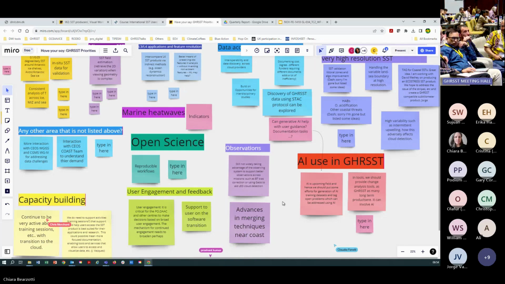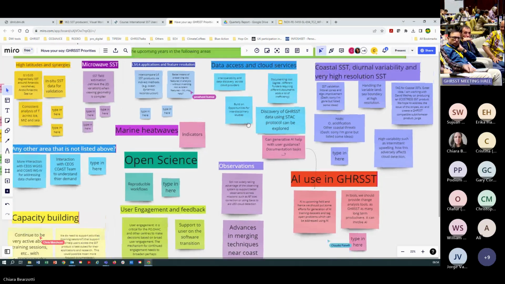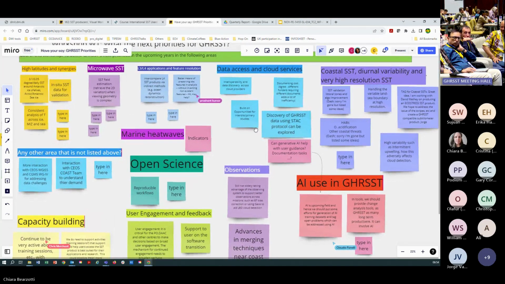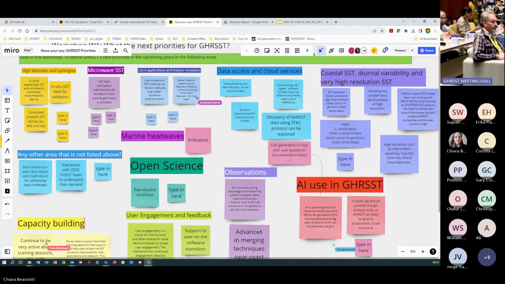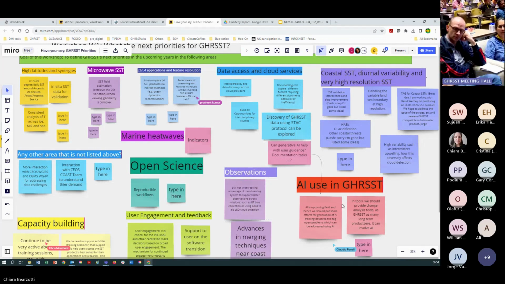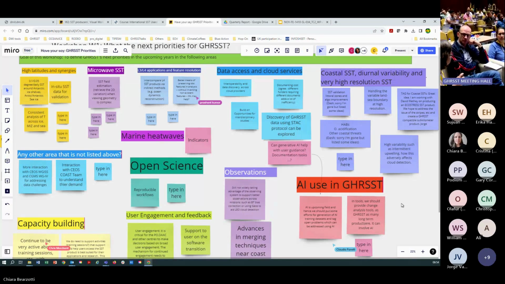Yeah, something that has been left out of this meeting, which has been discussed at all previous GHRSST science team meetings, is diurnal warming. GHRSST has been involved ever since the start, like 25 years, in trying to find the best way to estimate the diurnal changes of SST during the day. Now, as far as I know, the only operational diurnal SST product is from the Met Office.